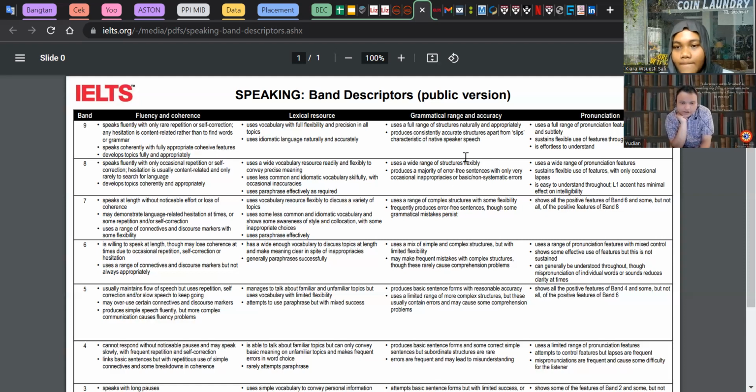Oh, if I don't use idioms, that means I cannot get a good score. It doesn't necessarily mean that if you're not using idiomatic expressions, you're not getting a full score.